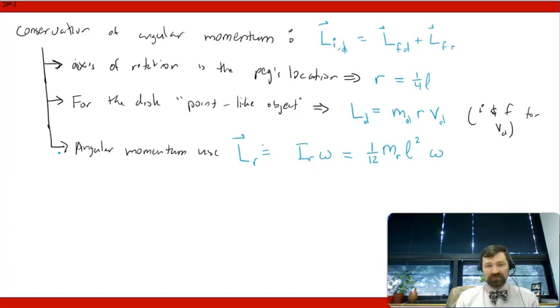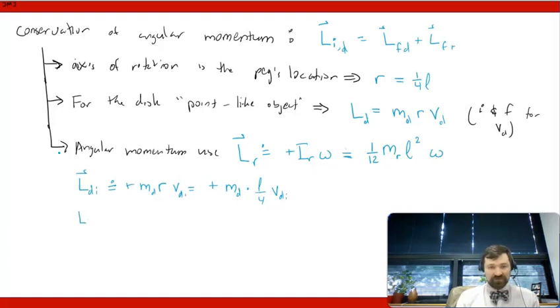It's worth figuring out what direction everything's going in. This right here can be represented as positive because the thing is spinning in the counterclockwise direction. The disk actually reverses direction. So L disk initial represents plus mass of disk times r times v disk, which by the way is plus mass disk times L/4 times v disk initial.